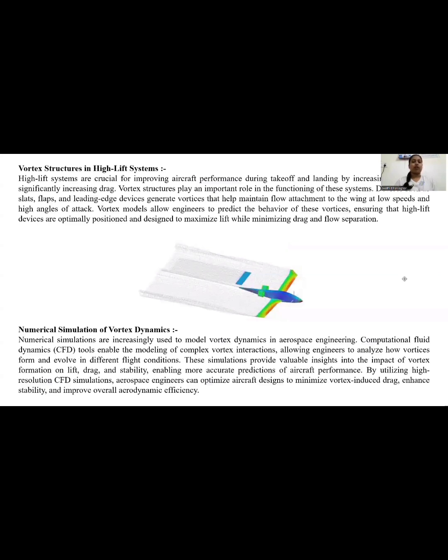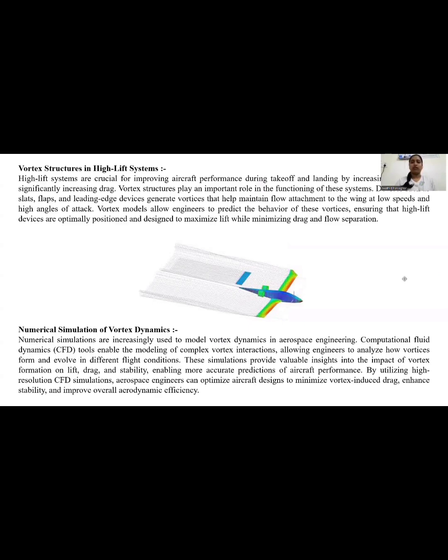Vortex structure and high lift systems. High lift systems are crucial for improving aircraft performance during takeoff and landing by increasing lift without significantly increasing drag. Vortex structures play an important role in the function of this system.